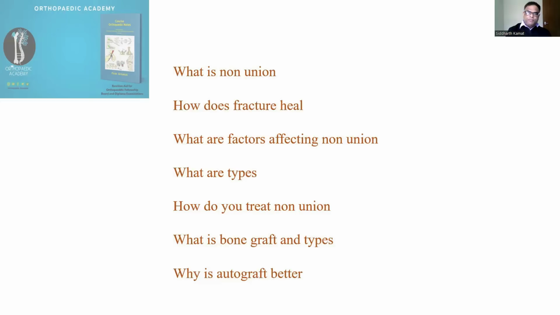Hypertrophic type is the non-union in which bone does have the capacity, and that's the reason it is characterized by exuberant callus. However, the fracture is still there as a gap. This happens when the stability is there, but not enough to cause healing.